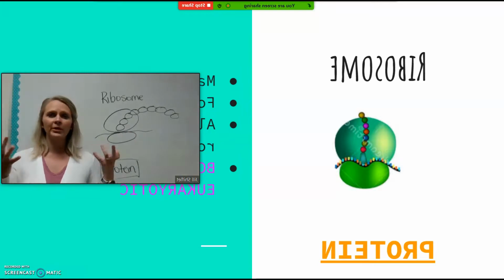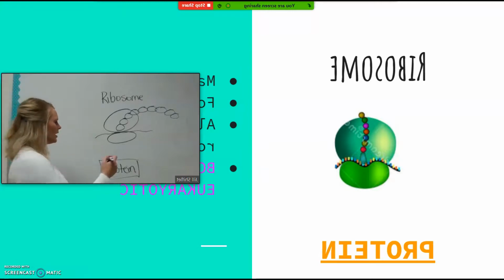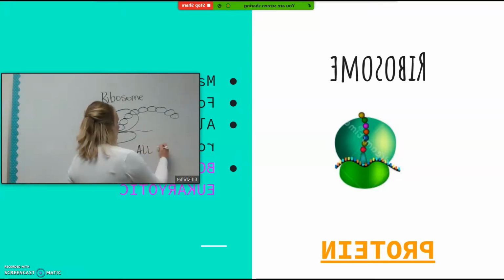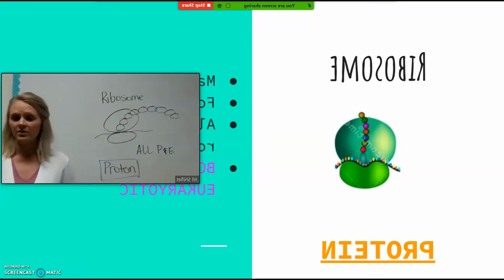And when it's all done, it breaks off, folds up, and you get your protein. All cells, all of them, prokaryotic and eukaryotic, all cells have ribosomes.